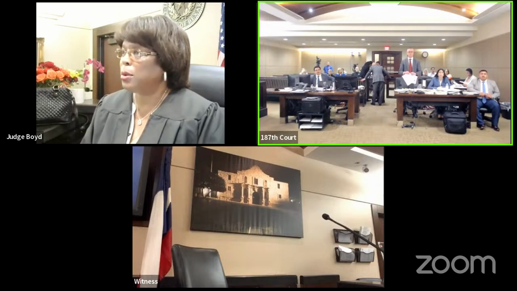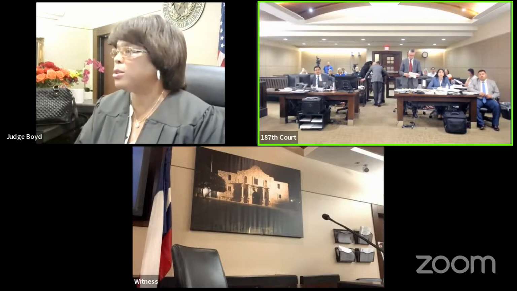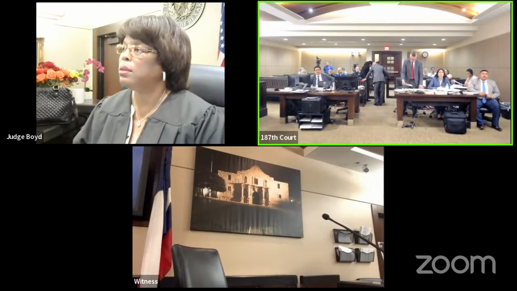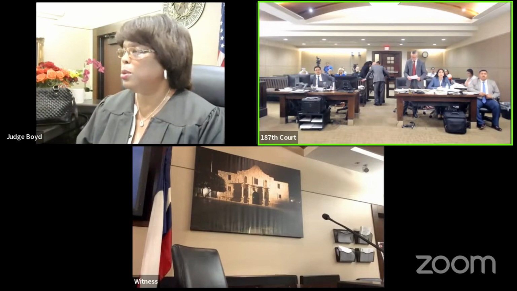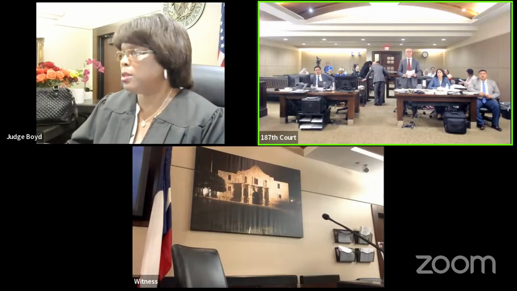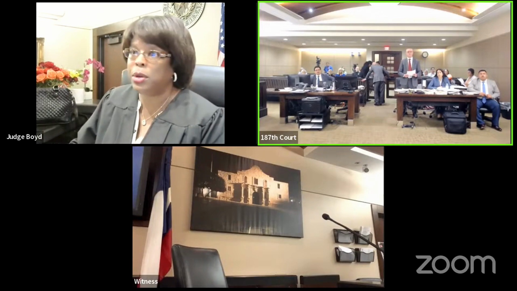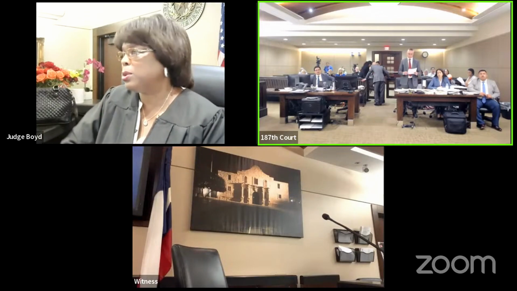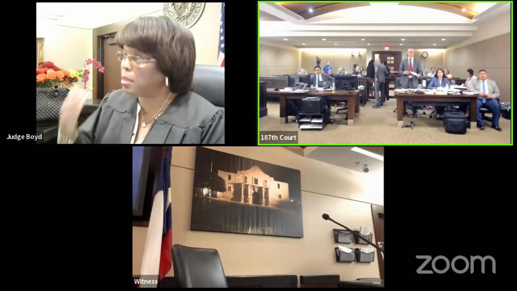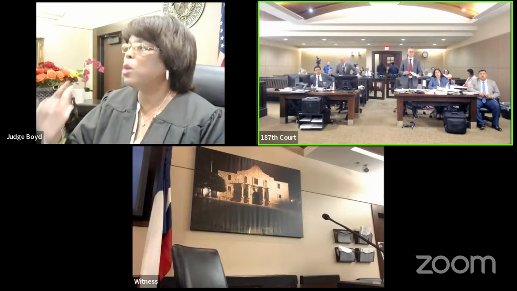All right, so that is one of the factors for me to consider on whether or not I would allow the jury to view the vehicles. So that's number one. The other is the expense, but it doesn't appear to be a great expense because the vehicles are right downstairs.